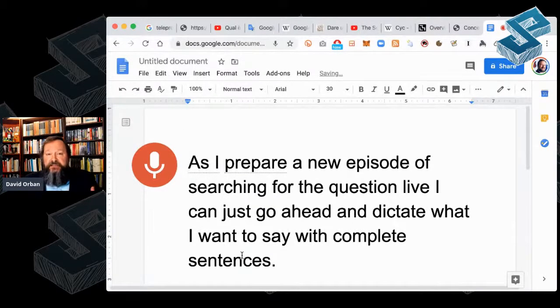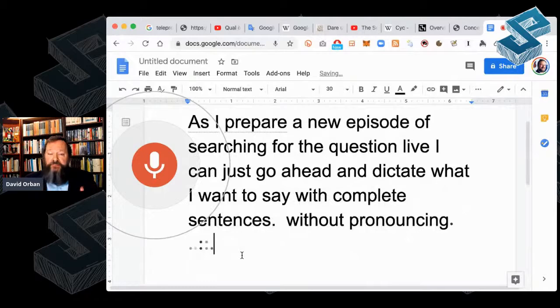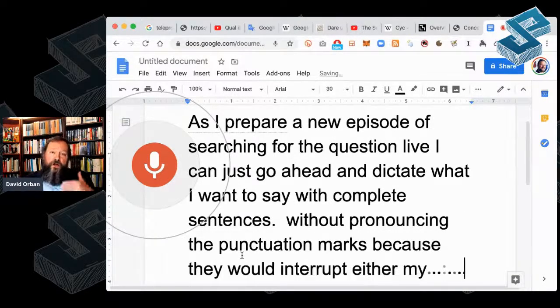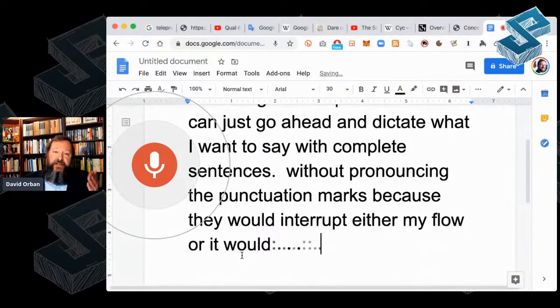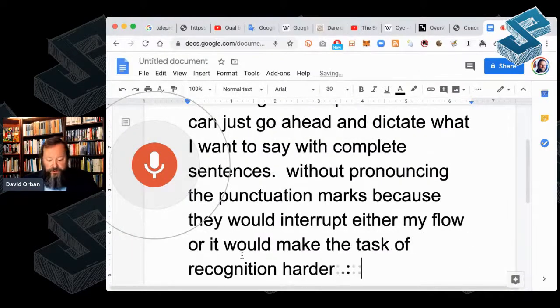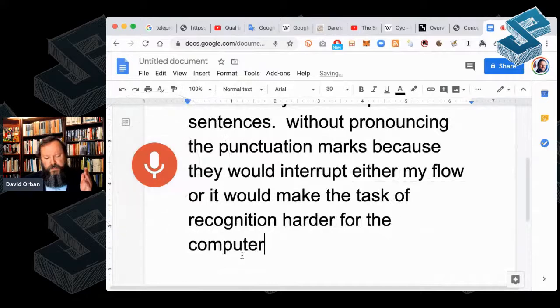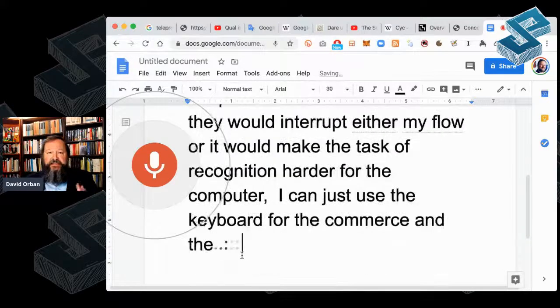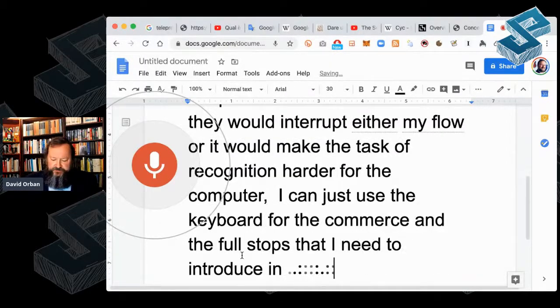Without pronouncing the punctuation marks, because they would interrupt either my flow or it would make the task of recognition harder for the computer, I can just use the keyboard for the commas and the full stops that I need to introduce in a sentence.